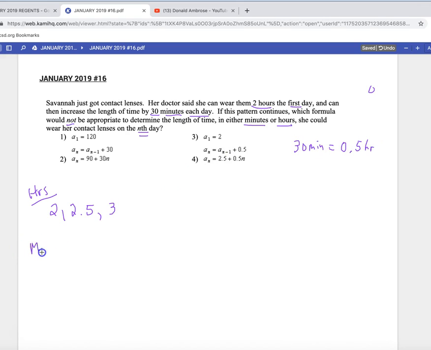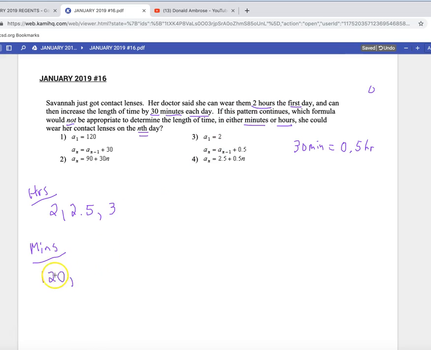Now, if we consider the time she could wear her contact lenses in minutes, the first day she can wear them for 2 hours, which equates to 120 minutes, because there are 60 minutes in an hour.